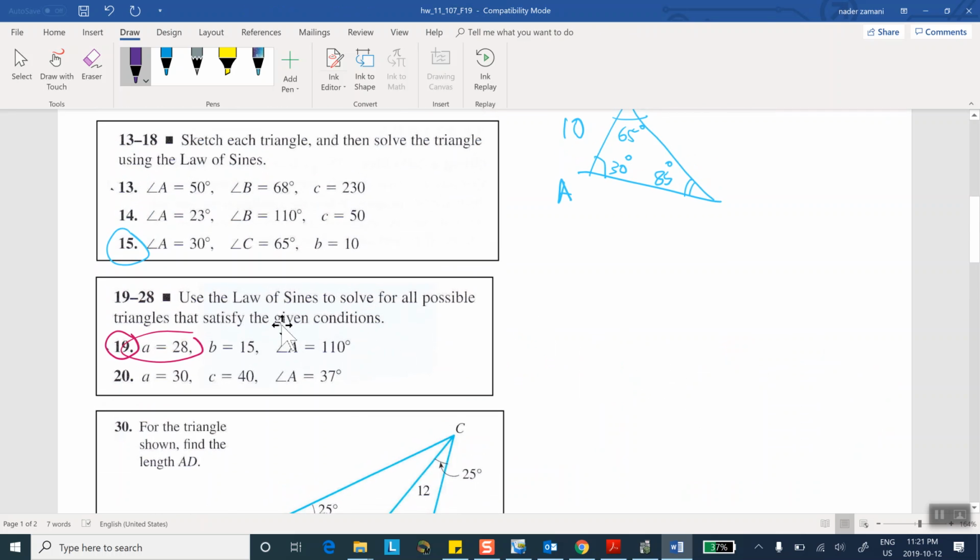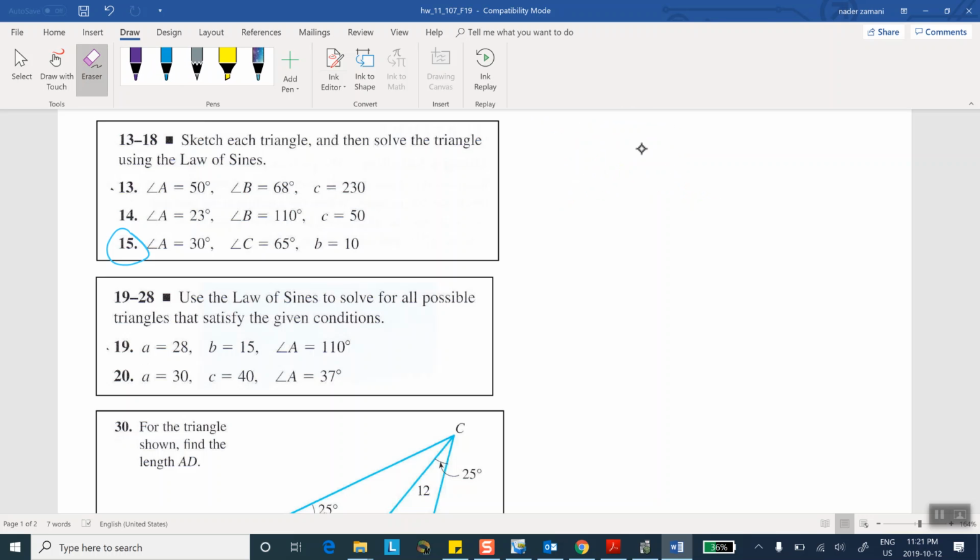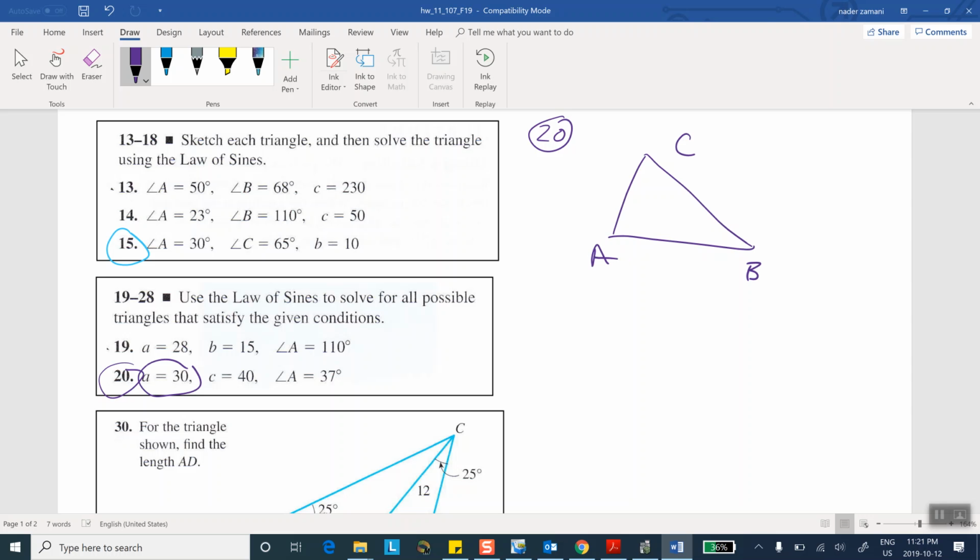The only thing that's left in that box is number 20. Let me go and erase this stuff. We are doing this one, number 20. So my geometric triangle here, A, B, C. Side little a is 30.